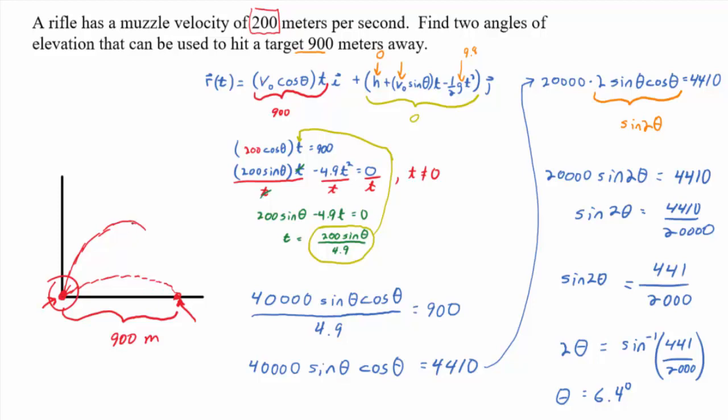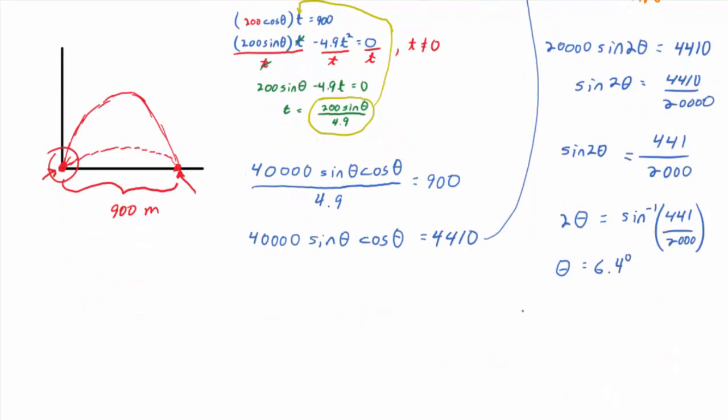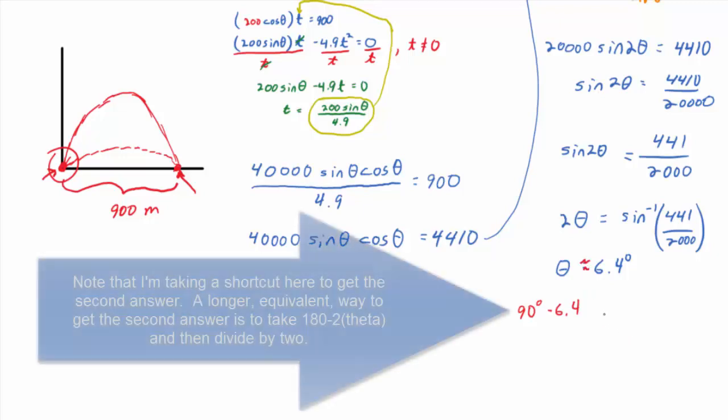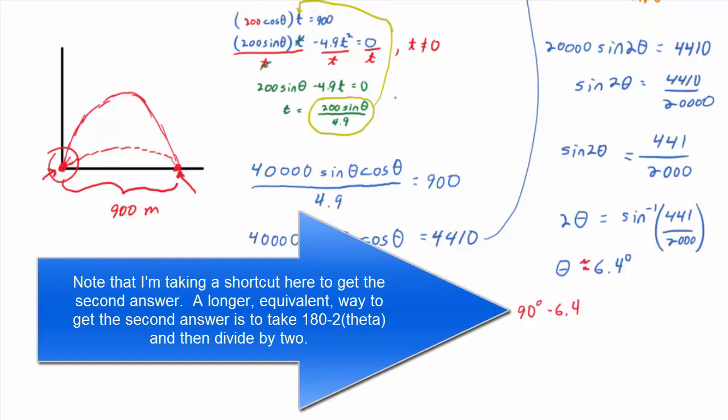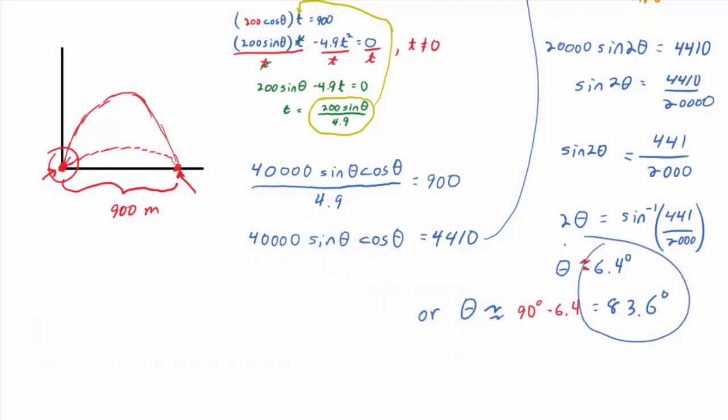So it goes up high, uses all its energy going up high, and then drops down, right? So how can you get the other angle? 90 minus? Yep. So also 90 minus 6.4, which is going to equal, theta is approximately equal to 83.6, yep. Does that seem reasonable to you? Okay.